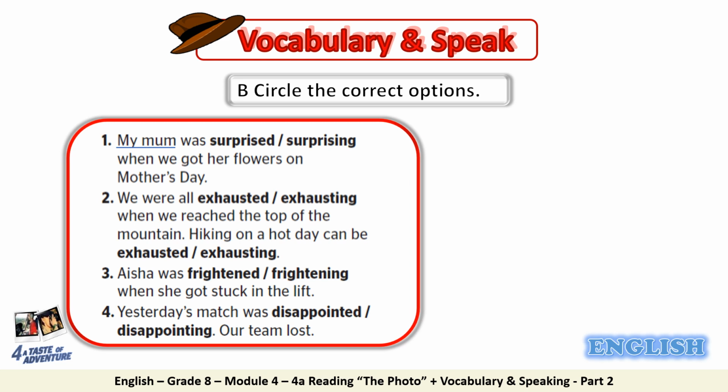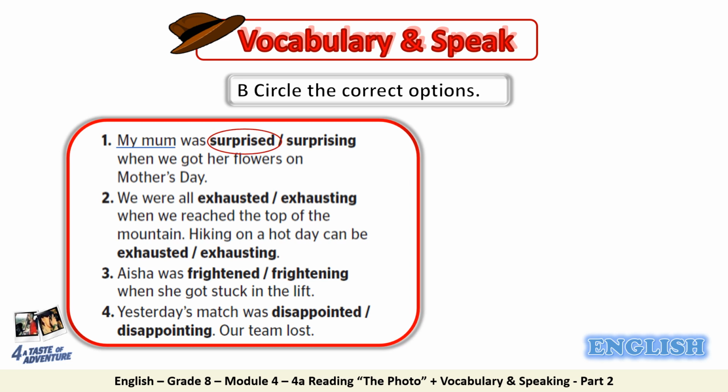The subject is my mom. If the subject is a person, you most likely want to describe his or her feelings, and you are going to choose the adjective ending in ed. But if the subject is a thing, you need to choose the adjective ending in ing. So what's the correct answer here?